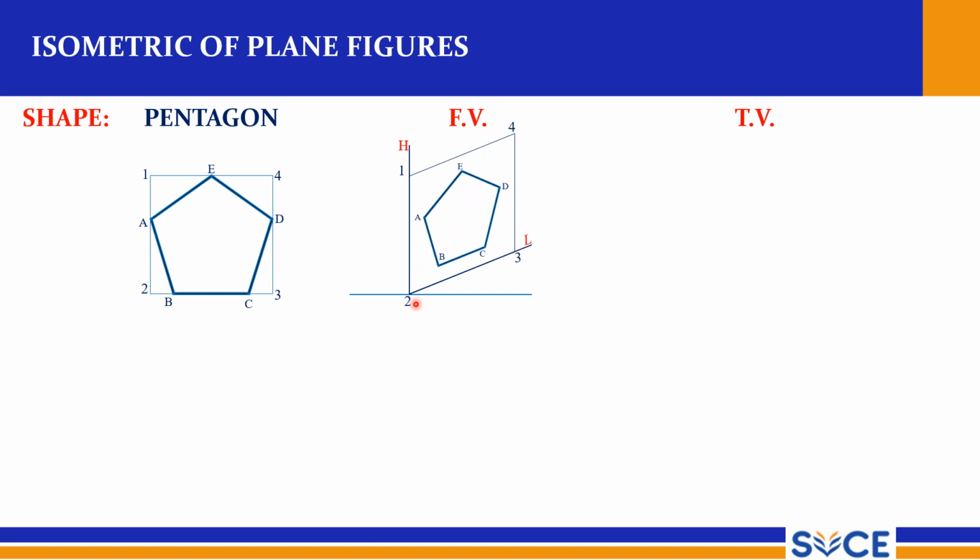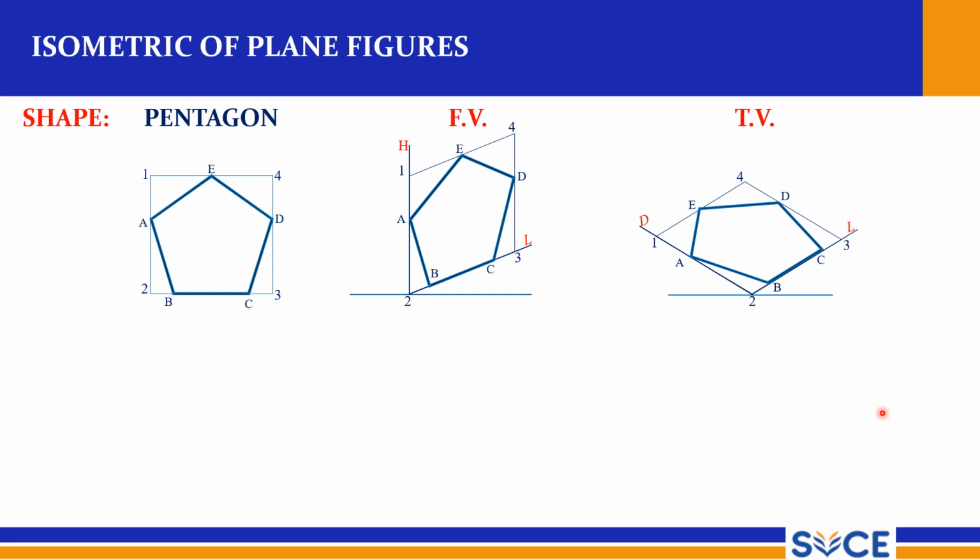Then from 2 towards 3 mark B and C, and the midpoint of line 1 4 gives you point E. If you draw a line parallel here, you will get D. No need to measure A and D again. This gives you the vertical pentagon, and the horizontal pentagon should be drawn on the 30-30 plane, in the same way.